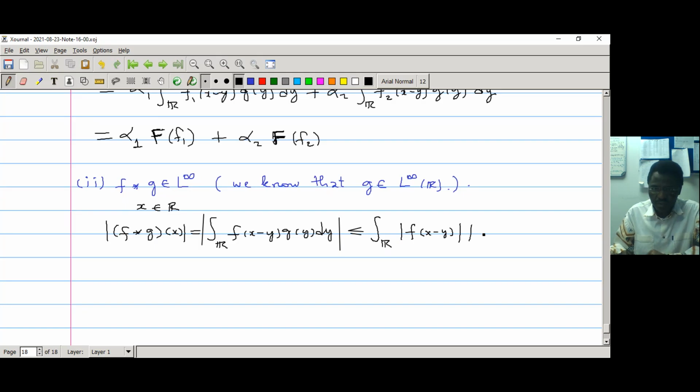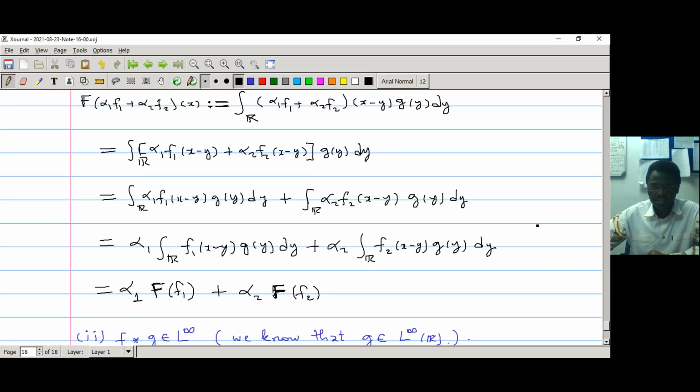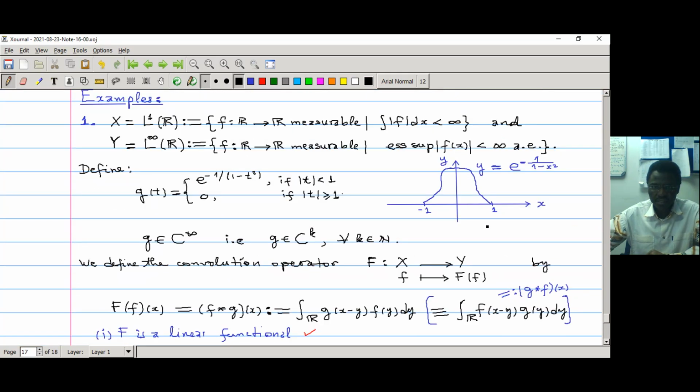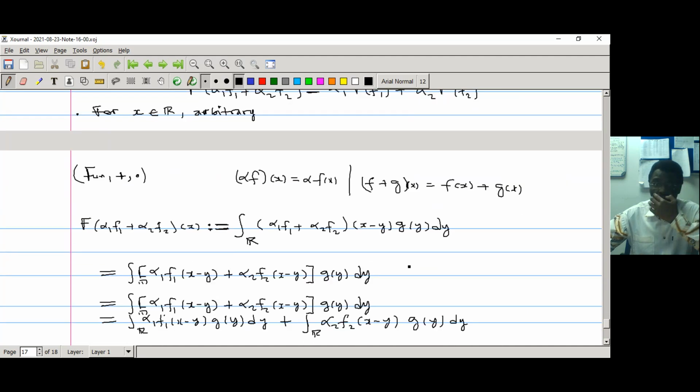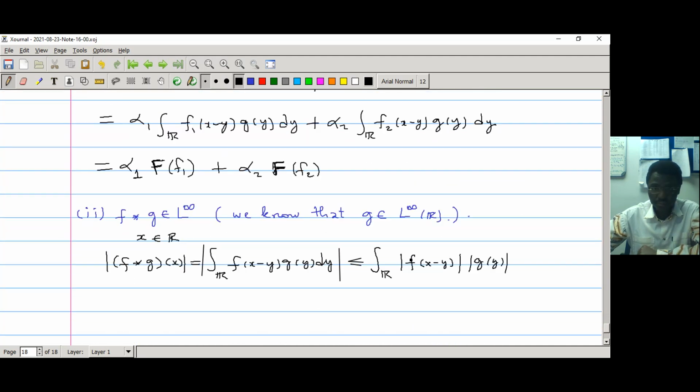I can put the absolute value, but I don't need to put the absolute value on g of y, because you can see that g is always positive. Here you can see it's always positive. So there's no need to keep the absolute value there, but I can leave it, dy. Right. Okay. Now from here, we know that this f is an element of L1.